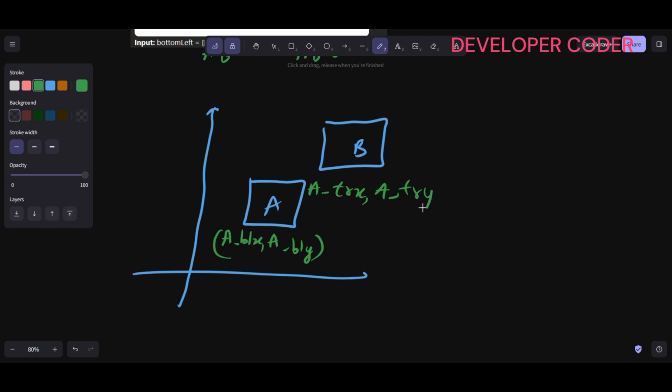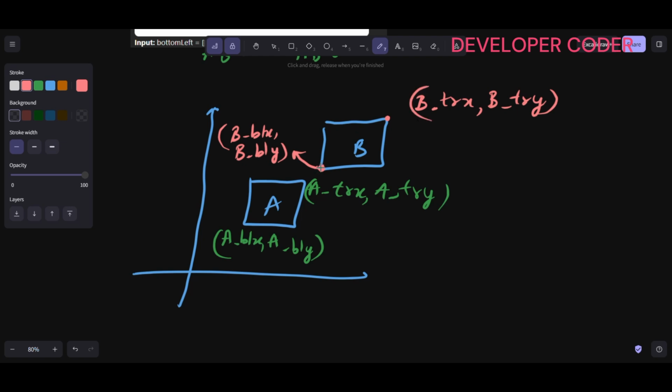Just read it like this so that you get a clear understanding. Same way, read these coordinates like this: square B bottom left x, square B bottom left y, square B top right x, square B top right y.